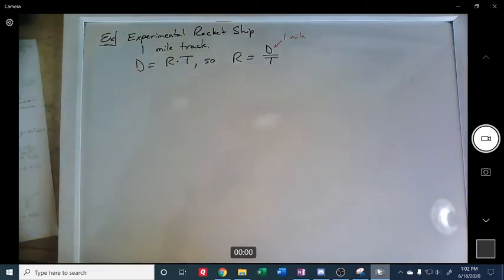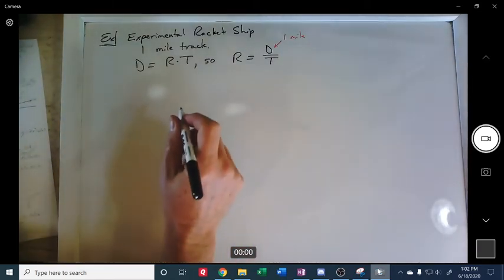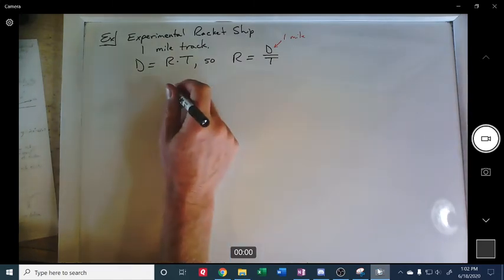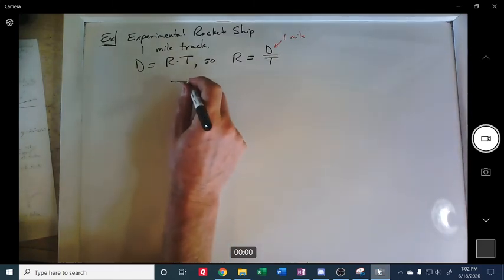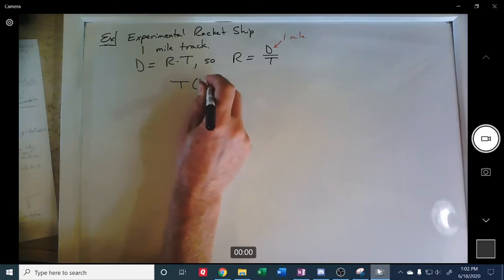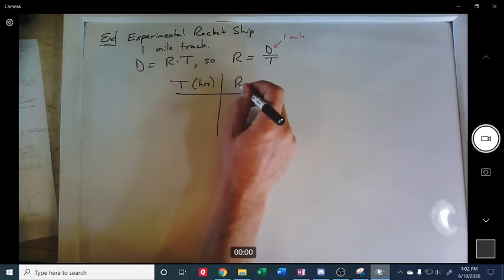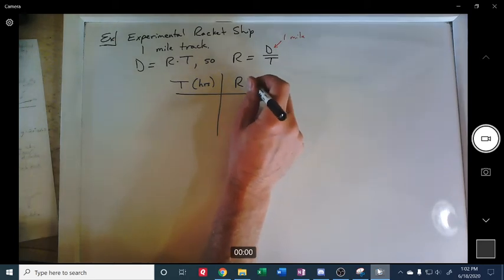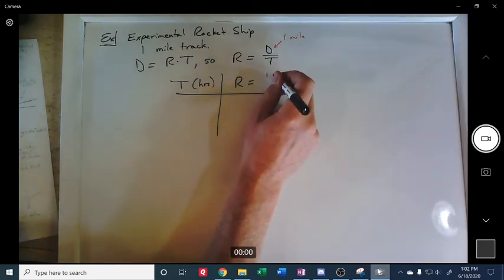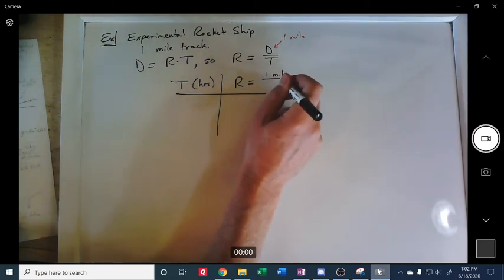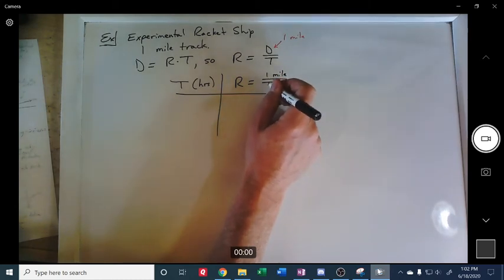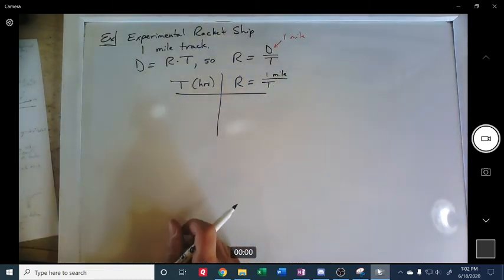So we're going to have a little table of time in hours and the rate, which is equal to 1 mile divided by the time, 1 divided by t.